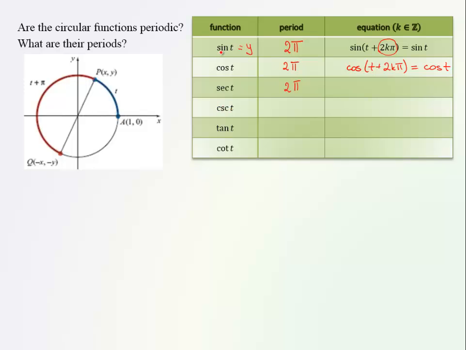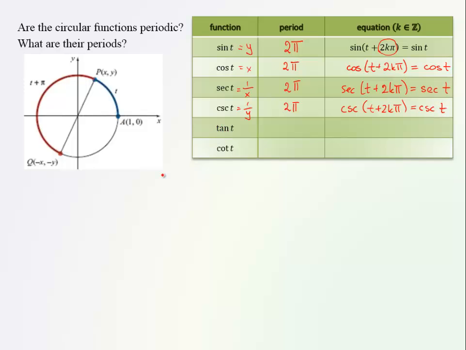And cosecant is the reciprocal of sine, so it's 2 pi. And similarly as before, we can claim the following identities. Secant of any number t plus 2k pi has the same value as the original secant of t. And the same with cosecant of any number t plus 2k pi gives us cosecant of t.